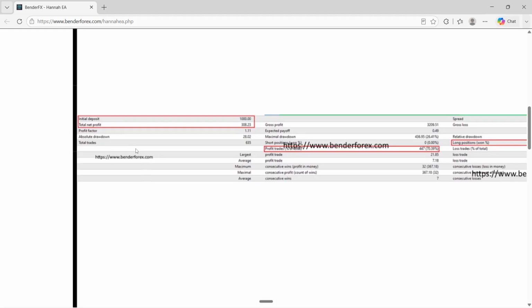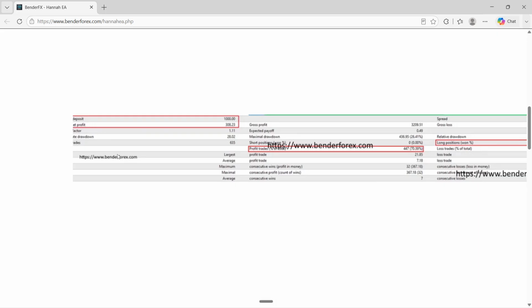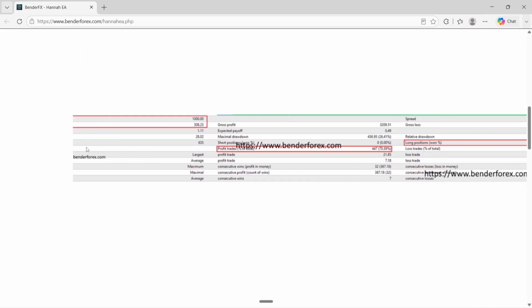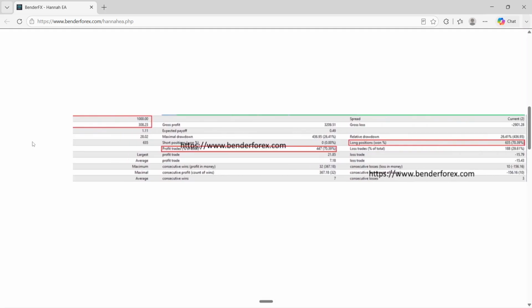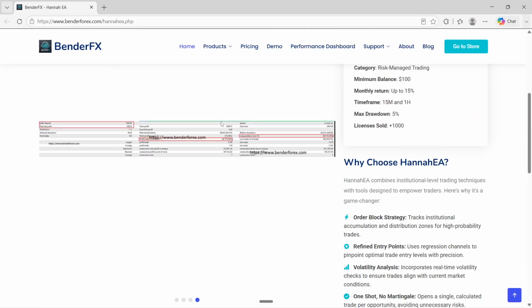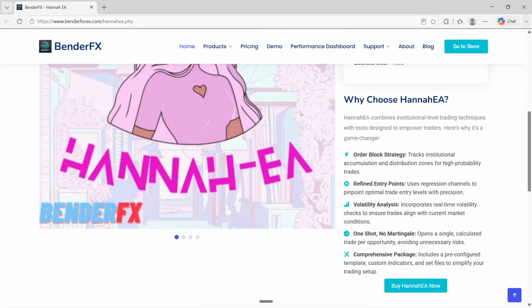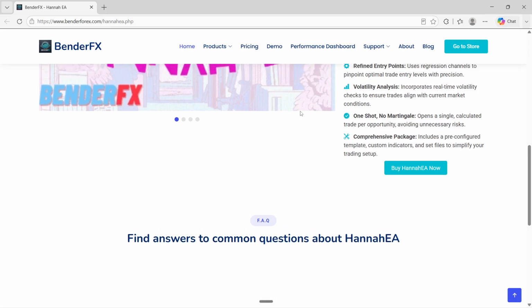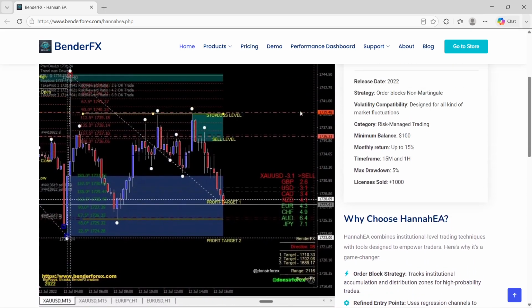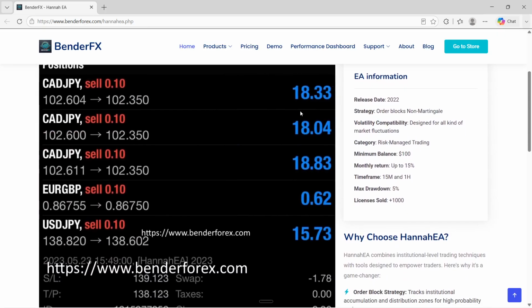There was a profit factor above 1 at 1.11, and the balance drawdown was 26.41%. So these are the stats from the developer. Looks like there was a profit for the testing period. But it's important to note that past performance is not indicative of future results, and it's always nice to take what's found on the developer's page with a pinch of salt.